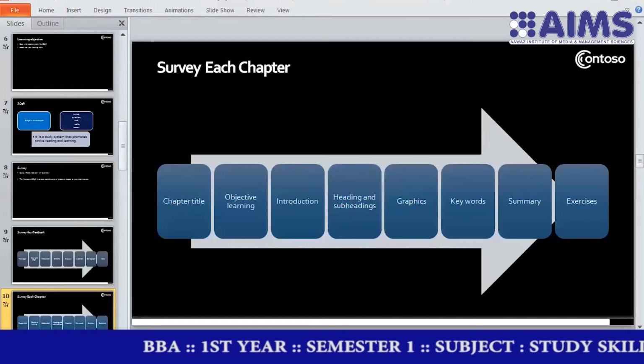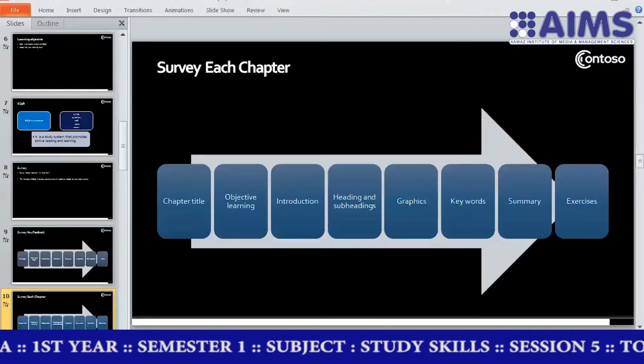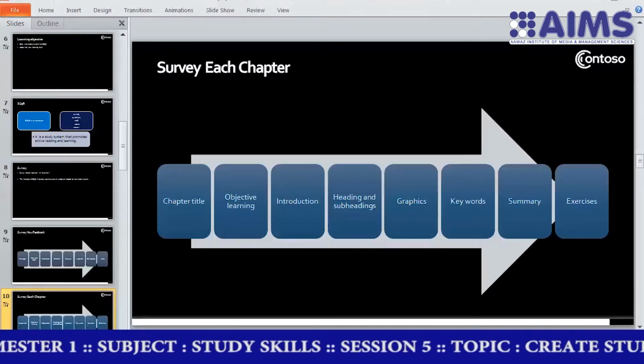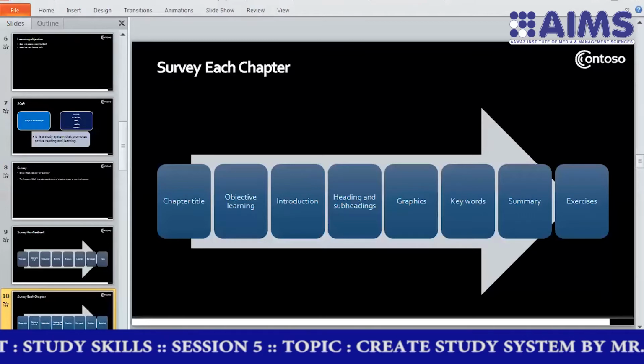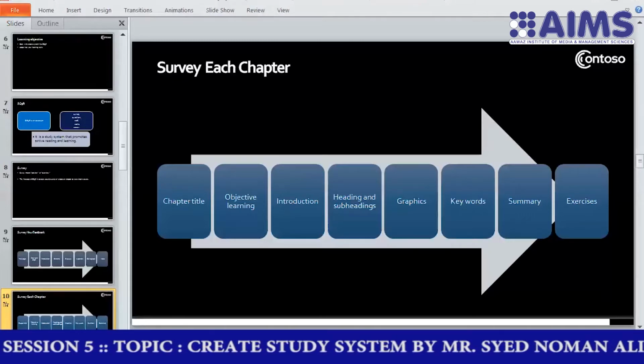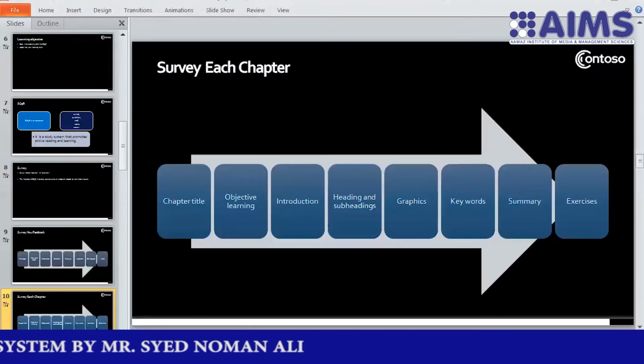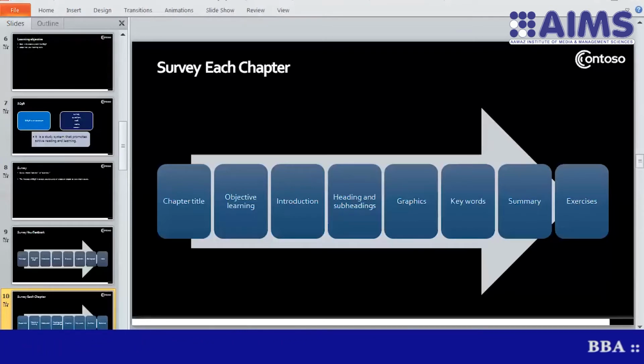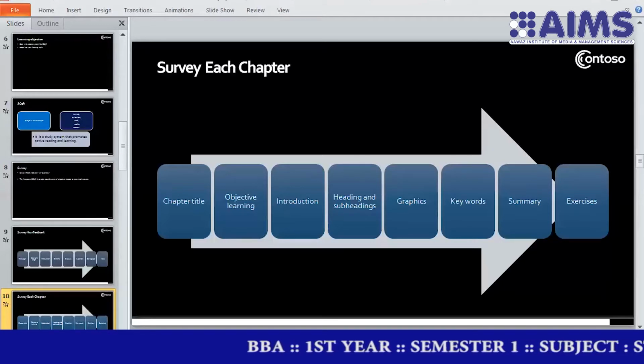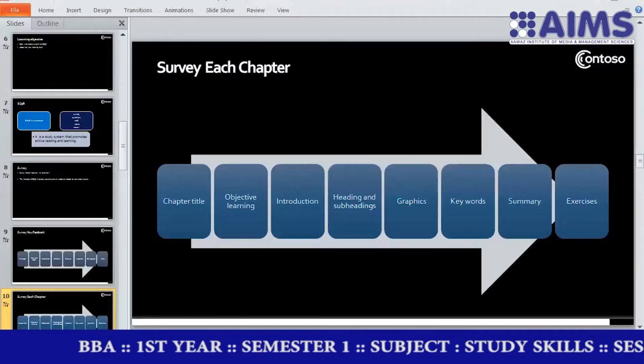And finally, exercises, activities, things to do. They show how you will self-assess and re-examine whether you have understood that part or not, whether your learning outcome is achieved or not, and where you are now, what your understanding level is.